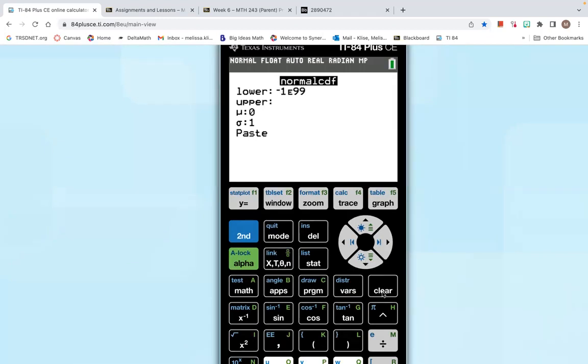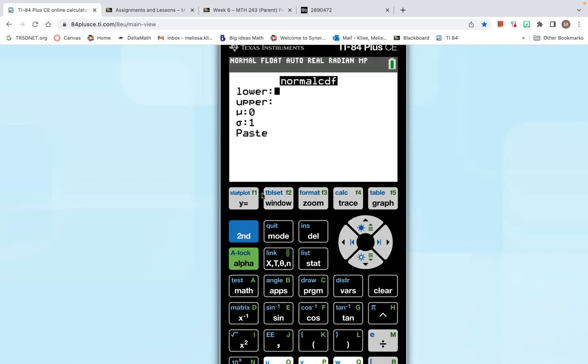So I'm going to do this in a second. I'm looking for less than 1.33 for my z-score. All right. So their lower value, basically we call it negative infinity, but it's negative 1E99. Remember I told you about scientific notation? So this is basically negative 1 times 10 to the 99th power.